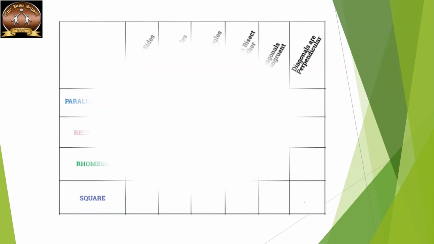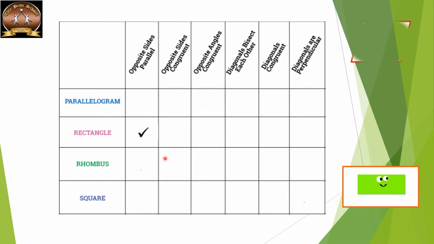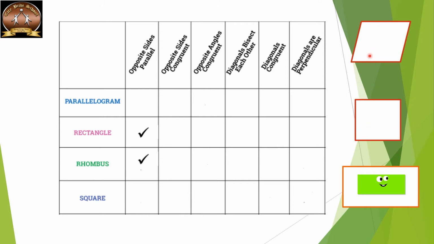Now let us see if these properties are true in rectangle, rhombus and square. Since they are parallelograms, obviously the property should be true for them. If it is a rectangle, yes, we know that opposite sides are parallel. Also, in a rhombus, obviously opposite sides are parallel, and in square opposite sides are parallel.